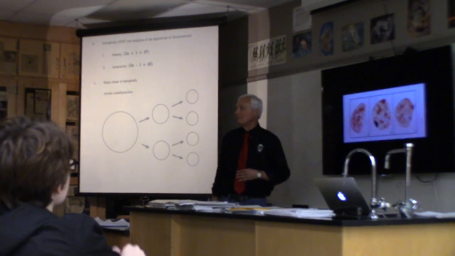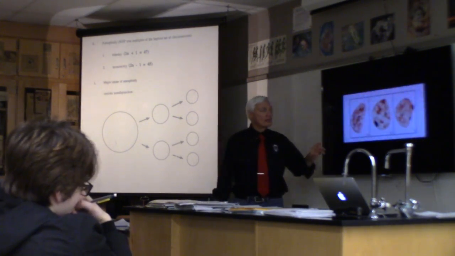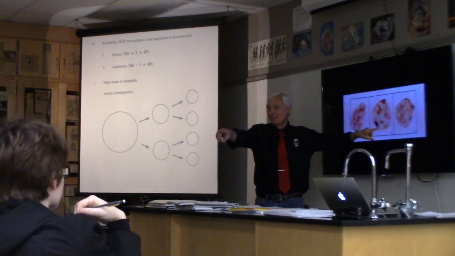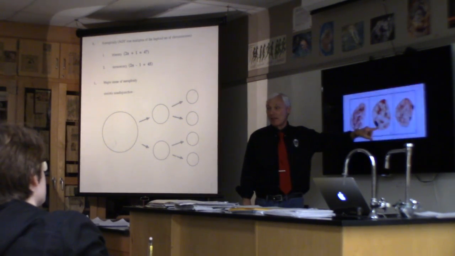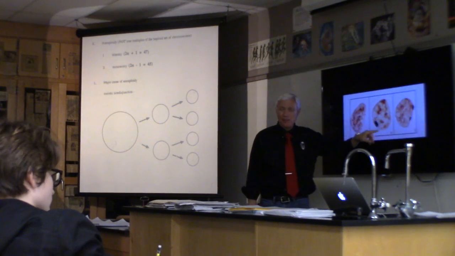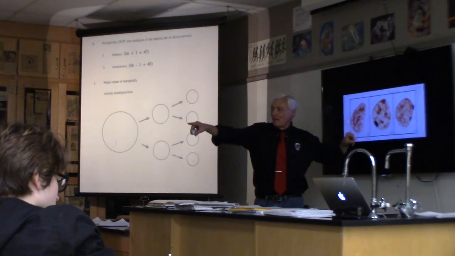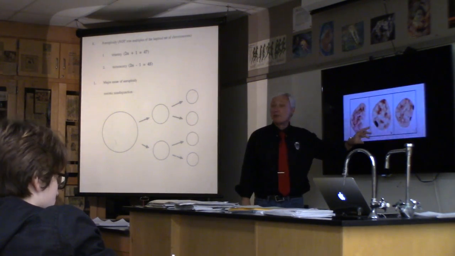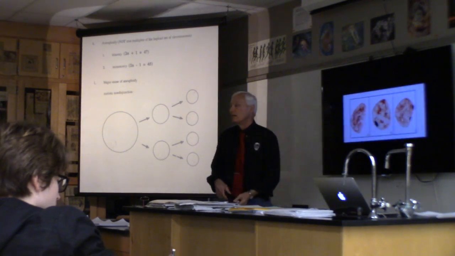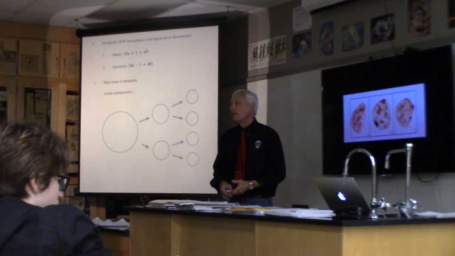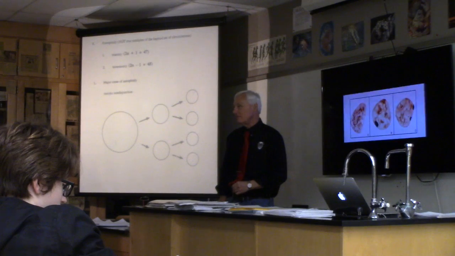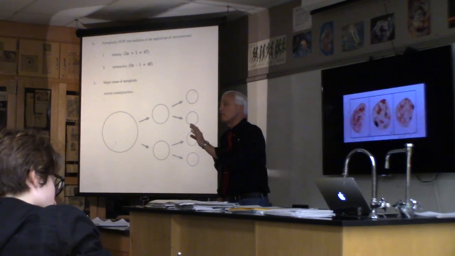Probably XY. Good. How about this person? Chloe? XX. Could this be anything else? It could be XXY. Right, could be a guy who's XXY. Or XXYY. Yeah, that's possible too.